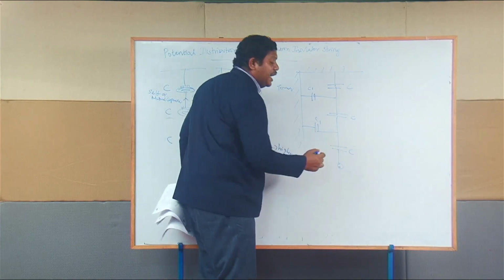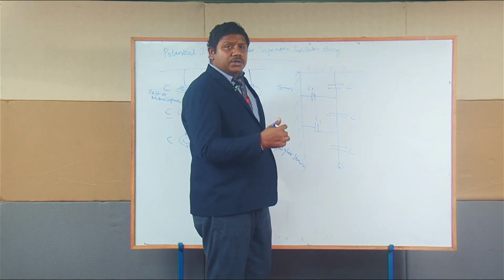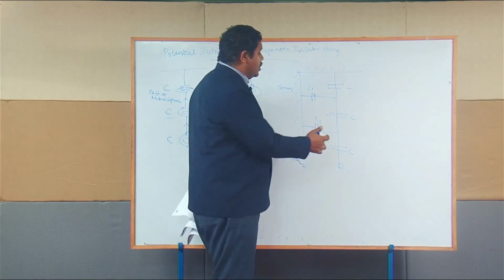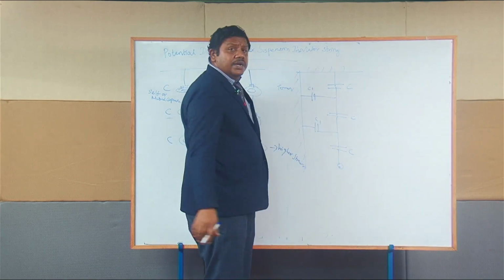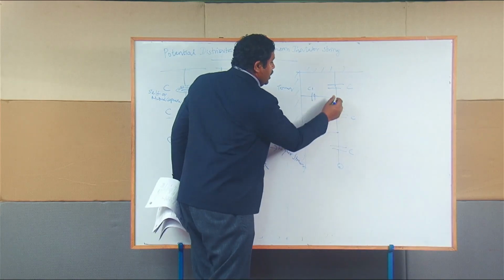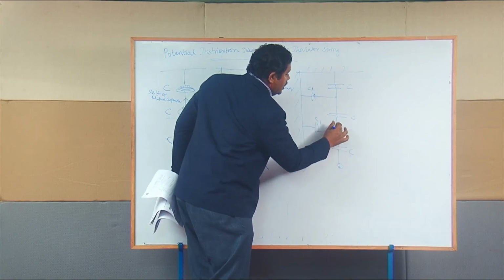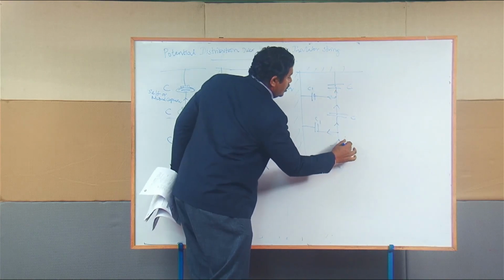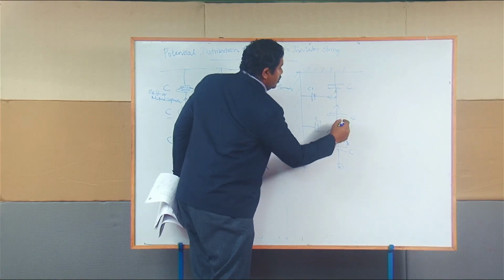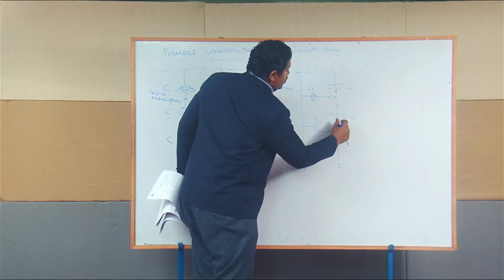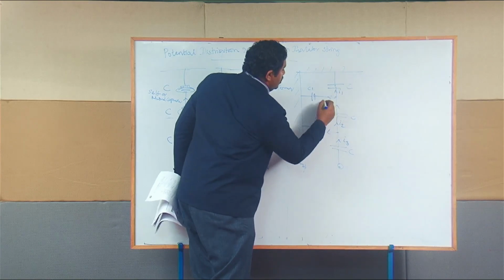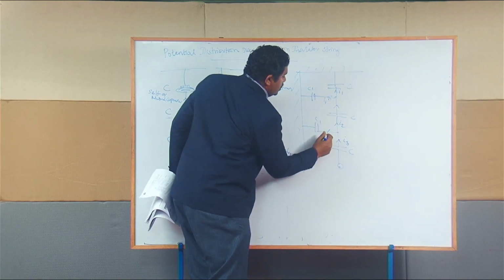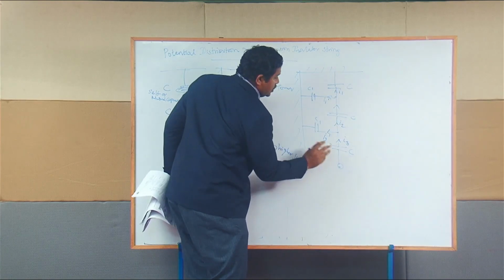So we are going to calculate the voltage distribution across each insulator disc. For example, here we will be considering the effect of current flow, denoted by I1 dash, I2 dash, I1 dash.